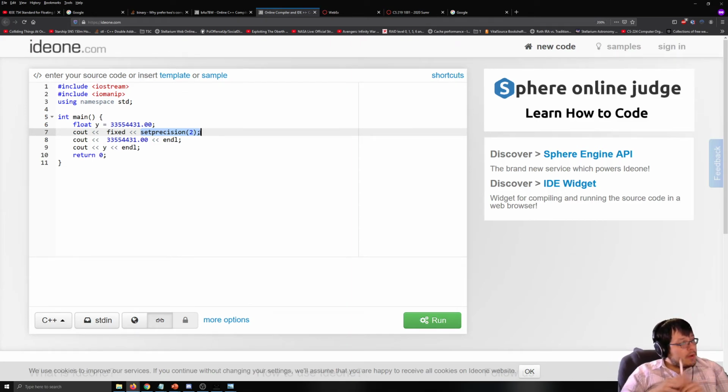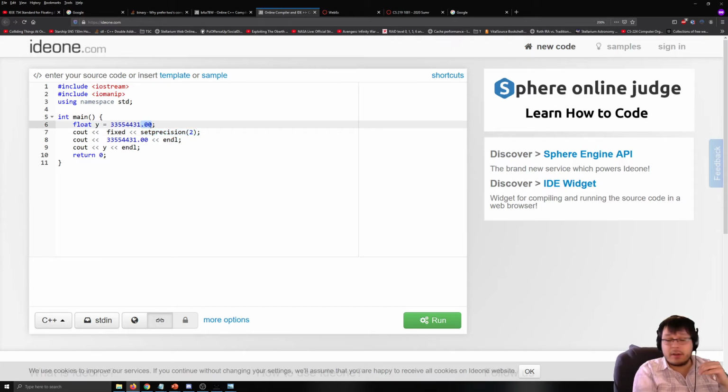We are assigning a number here, technically a double, but we could assign it an integer by getting rid of the 0.000 here, and we get the same situation. We're assigning it into y, and then we're going to print out what is in y right here.